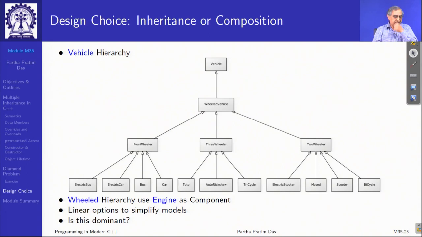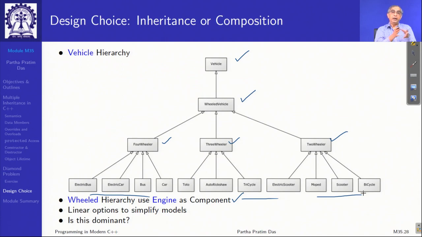So, what we suggest is, when you have this scenario, choose one property which you consider the most dominant property and have a single inheritance structure based on that. Use the other property as a data member, that is as a component. So, engine becomes a component if you create the hierarchy based on the wheels. So, you have wheeled vehicles, 4-wheeler, 3-wheeler, 2-wheeler and different instances, and then each one of them has an engine property or a composition.